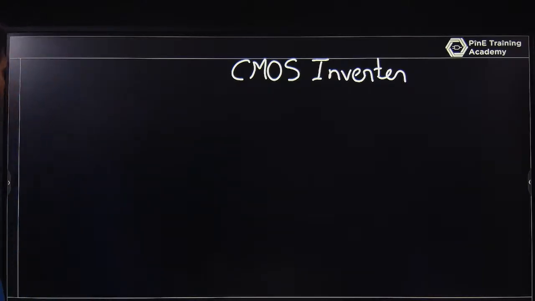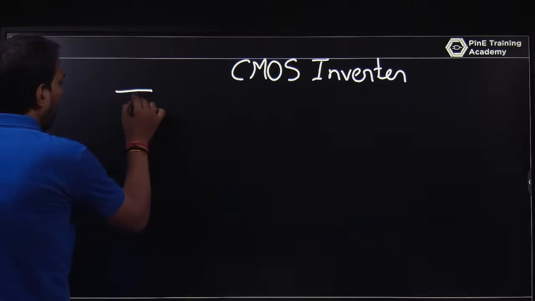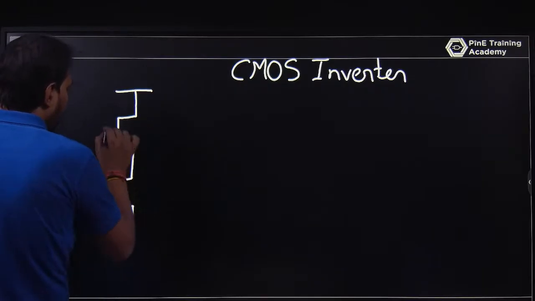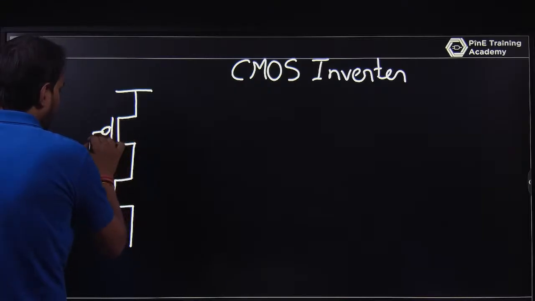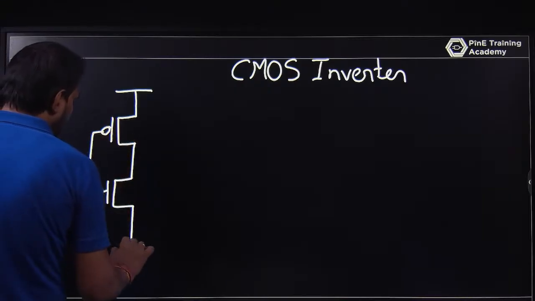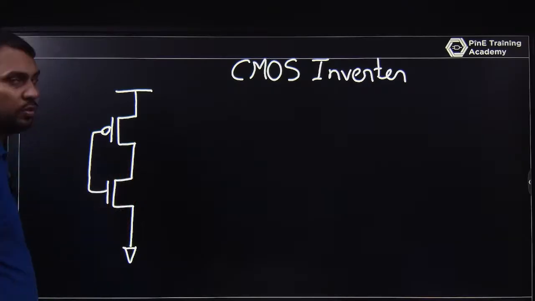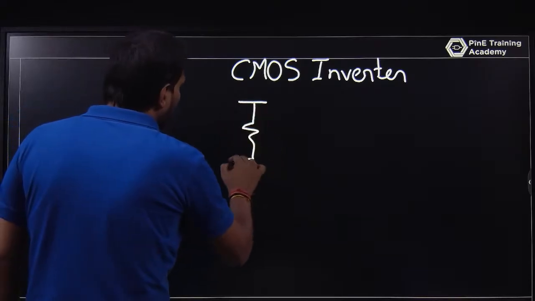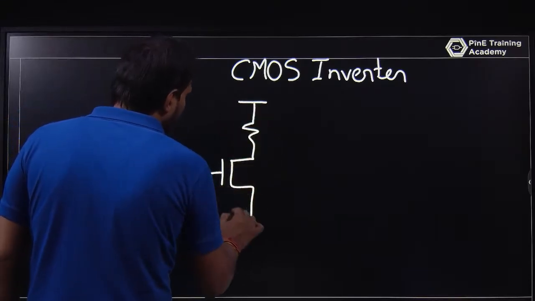Let's start with this. You have a PMOS and you have an NMOS, and the inverter is connected in such a way. This is a CMOS inverter. You can design an inverter in many types, like this one, which also behaves like an inverter.